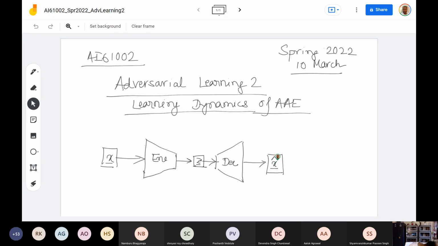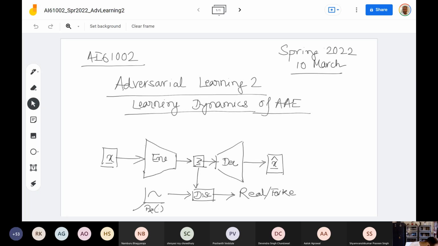Now you also have a distribution, which I would call P of Z, and from there you can draw samples. That comes into a discriminator, and you do a real versus fake classification.